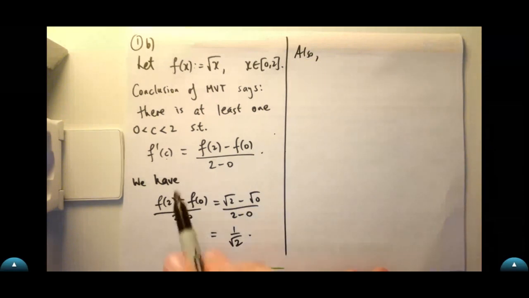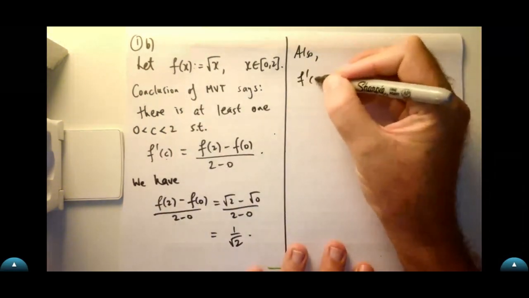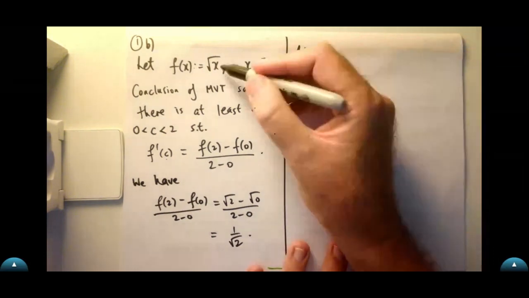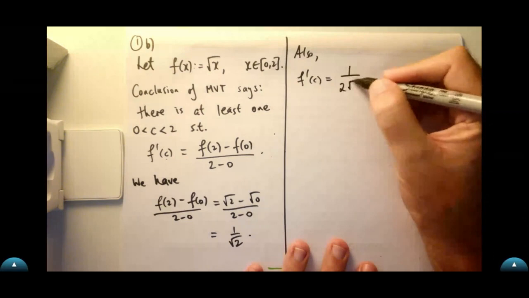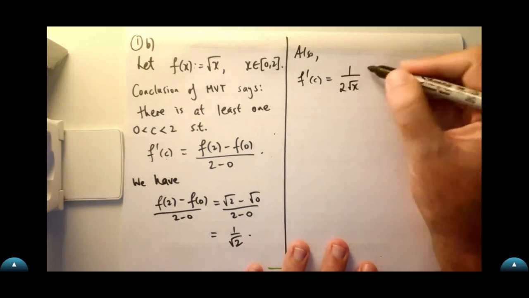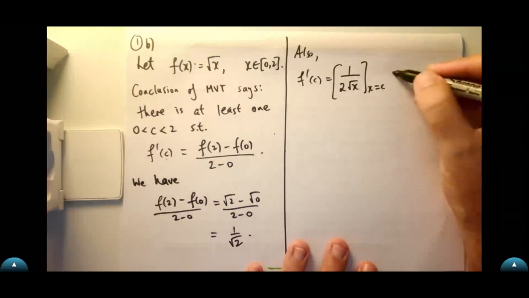Also, let's work out the other side. So we differentiate that, we'll get 1 on 2 root x, and we want to evaluate that at x equals c.